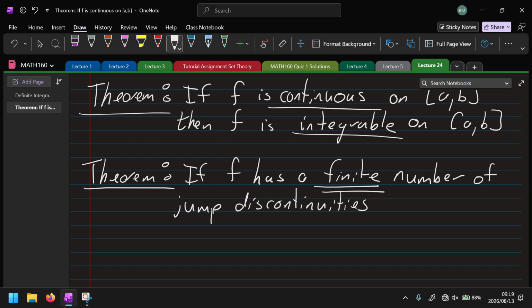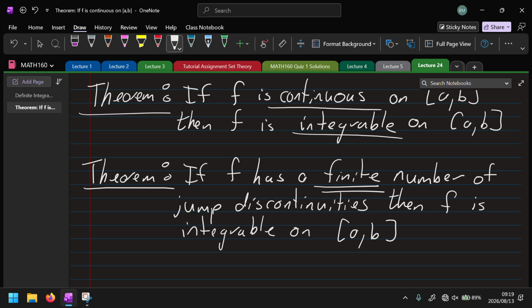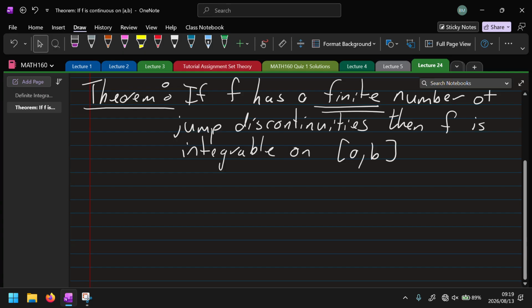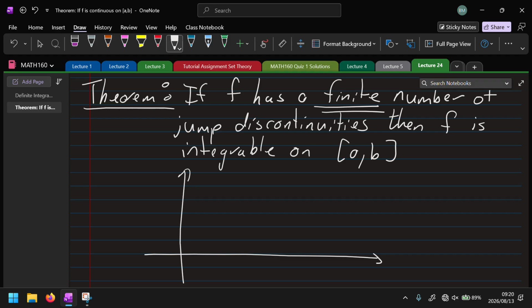Okay, if f has a finite number of jump discontinuities, then f is integrable. And we'll look at one example, and then you'll say, oh, of course. Okay, so let's draw a function with a finite number of jump discontinuities. So this just means the limit from the left doesn't match the limit from the right.